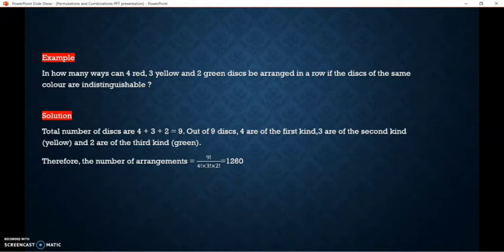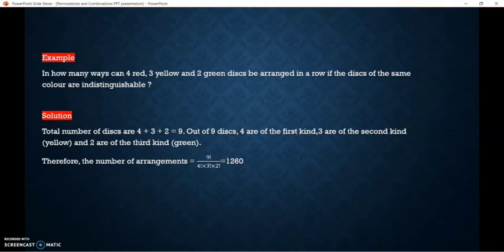Similarly, 9 factorial can be written as 9 into 8 factorial, which can again be written as 9 into 8 into 7 factorial, which can again be written as 9 into 8 into 7 into 6 factorial, right? Or in other words, I can write 9 factorial as 9 into 8 into 7 into 6 into 5 into 4 factorial. Why am I writing this? Because I can directly cancel 4 factorial in the numerator as well as in the denominator, so that I get fewer calculations, right?